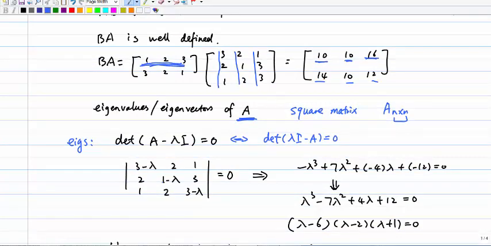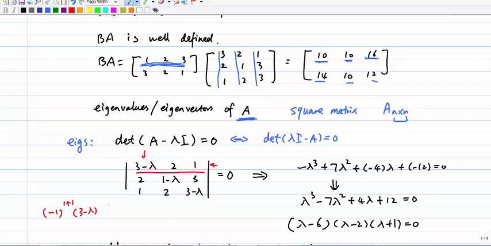When you compute a determinant, you just pick any row or column and reduce to 2 by 2 matrices. Let's use the first row as an example. For the first entry, on the first row, first column, the sign is minus 1 to the power 1 plus 1, and the entry is 3 minus lambda.